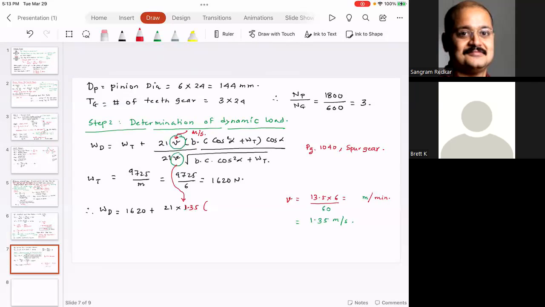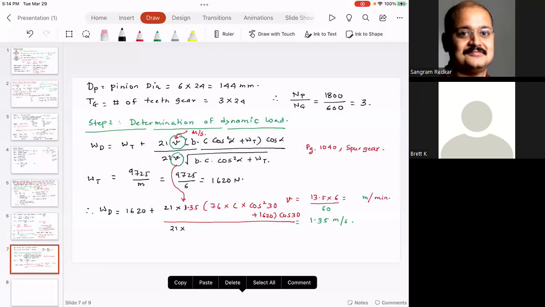Now then the value of D is 76 multiplied by the value of C multiplied by cosine square 30 plus 1620 cosine 30 divided by 21 times 1.35 multiplied by square root of 76 times C cosine square 30 plus 1620.